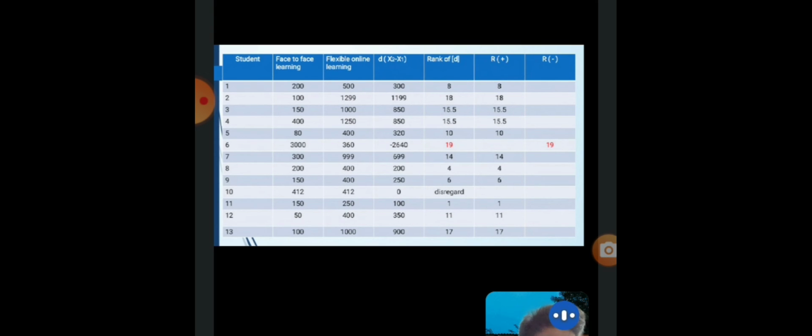Then, ang next column po is R positive. Ang R positive po natin is 8, 18, 15.5, 15.5, 10, 14, 6, 4, 6, 1, 11, 17, 12, 3, 2, 8, 8, 3, 13, and 3.